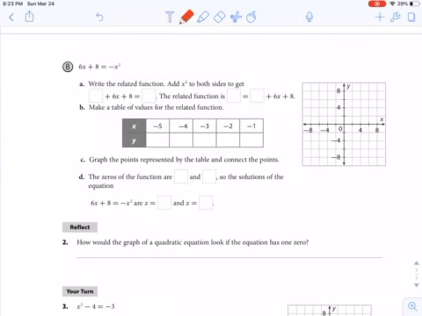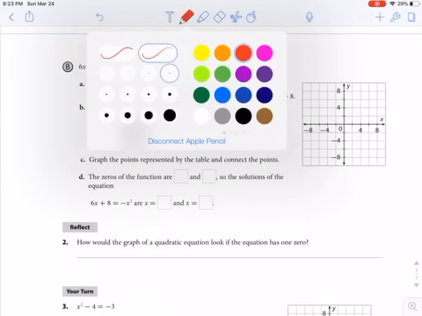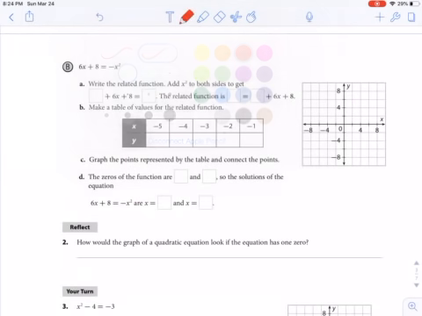And so if I'm looking at B, I can see that we have 6x plus 8 equals negative x squared. And so I'm going to add that x squared to the other side.